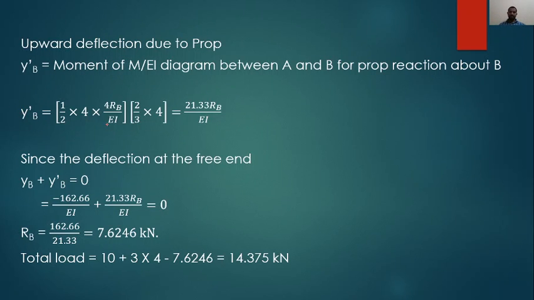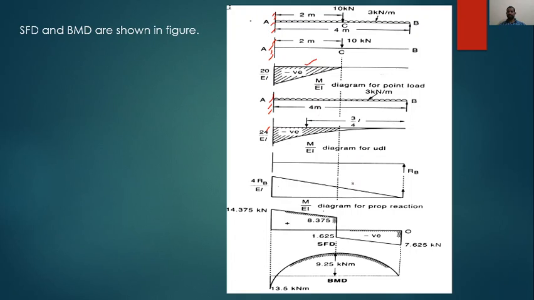Now due to the prop reaction again we'll get a triangle like this, a triangle with a value of 4 into P or 4 into RB over here, and again it's a triangle up to the free end. Therefore area is half into 4 into 4 P or RB, multiplied by the distance from the sharp edge, 2/3 of 4 meters.